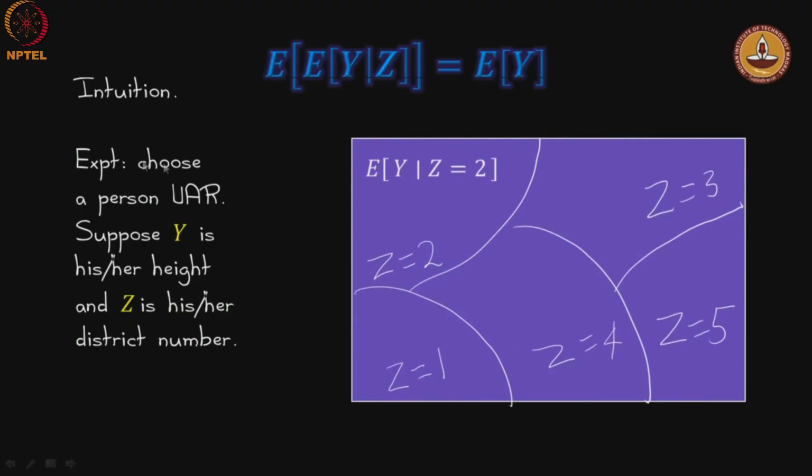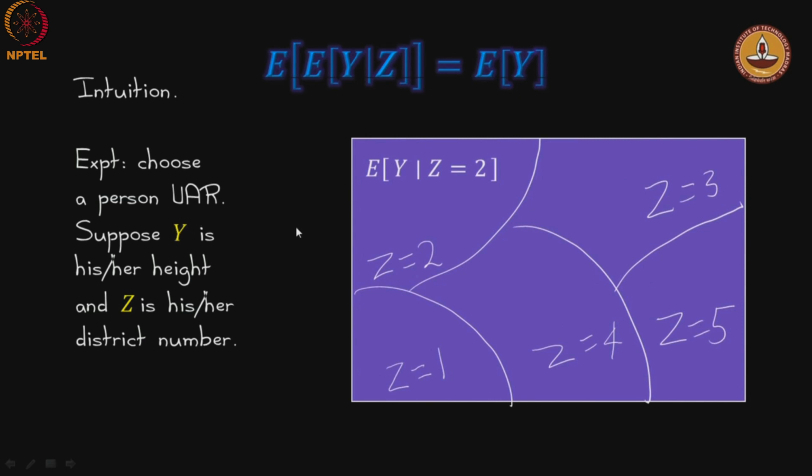Okay. So, what I am going to think of is this experiment. We have a geographic area and we are looking at people in this geography. Think of this sample space as people in some region, and the experiment is to choose a person uniformly at random.